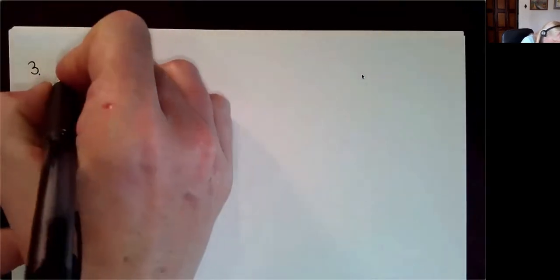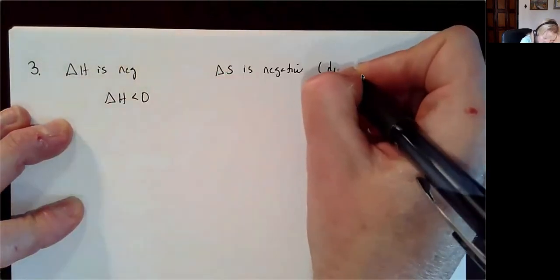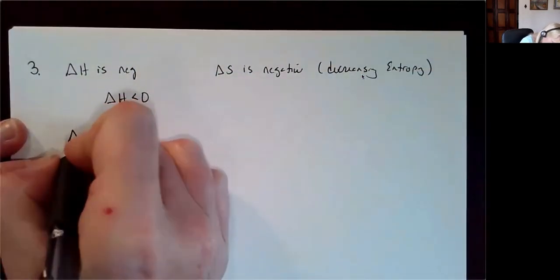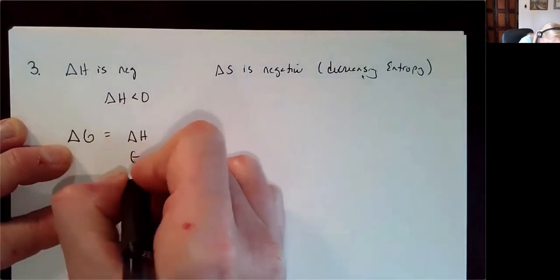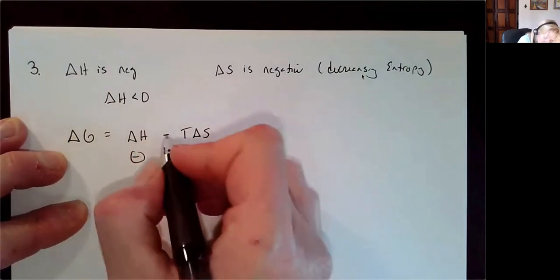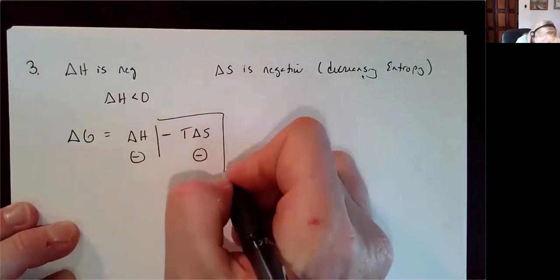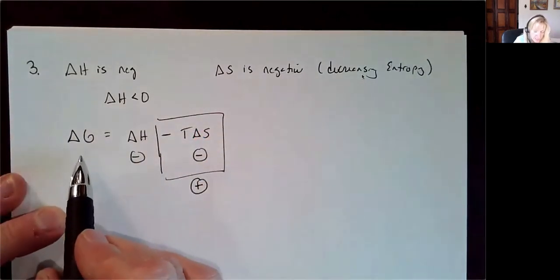Now what happens if I have a mix, where delta H is negative, so it's favored, but delta S is negative. It's decreasing entropy. So now if I plug these in, delta G, delta H is negative, minus T delta S. Delta S is negative, so this whole thing here is going to become positive, and then the sign of delta G is going to depend.